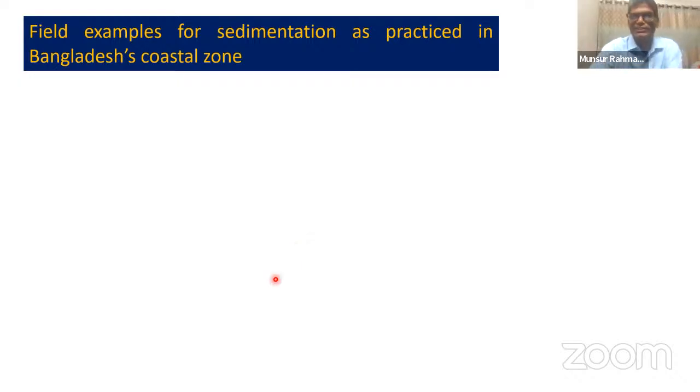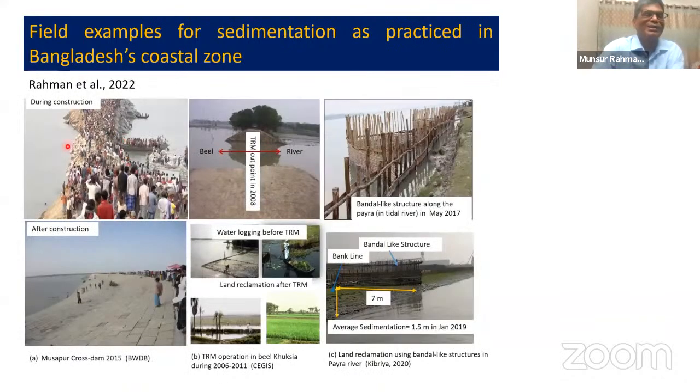enhancement infrastructure practiced in Bangladesh since the 1990s, like cross dams to create more land. And also since 1990, we have been practicing TRM to remove the waterlogging from the polder area. And recently, it was being tested in the non-tidal river, but for the tidal river, first of this kind, one of my graduate students completed his thesis and implemented in the tidal river how to reclaim land in this area and to protect the bank.